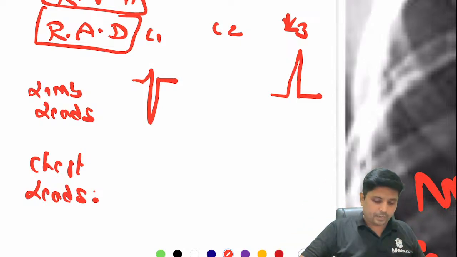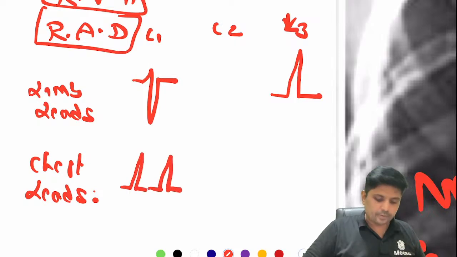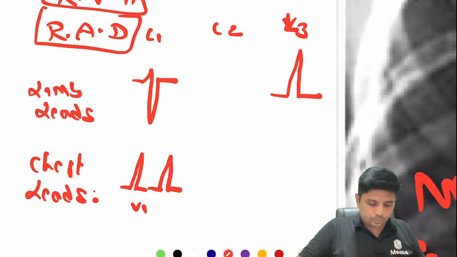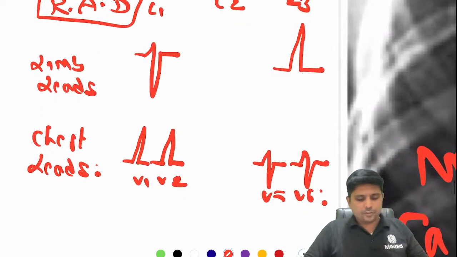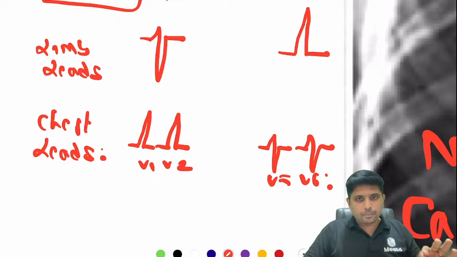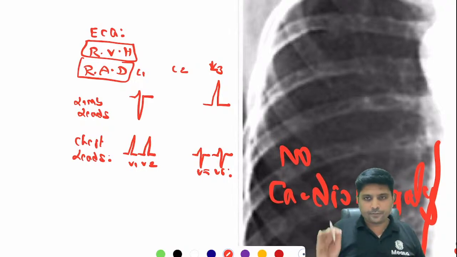But here there is right ventricular hypertrophy. So you will have tall R wave in V1 and V2, whereas deep S wave in V5, V6. So this is the classical ECG picture of tetralogy of Fallot.